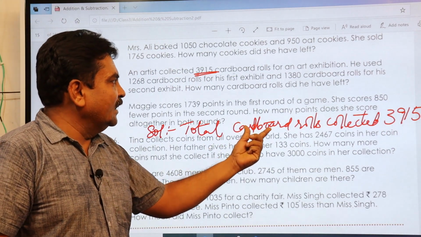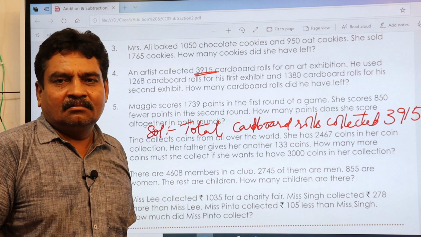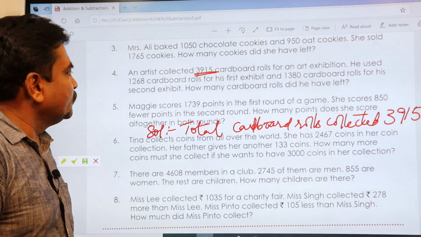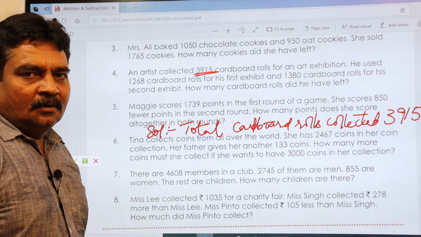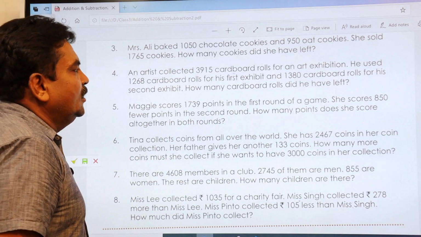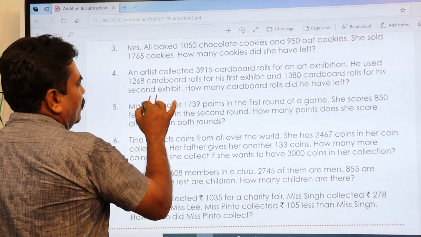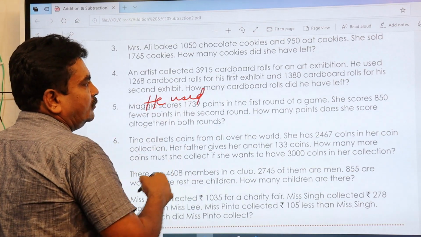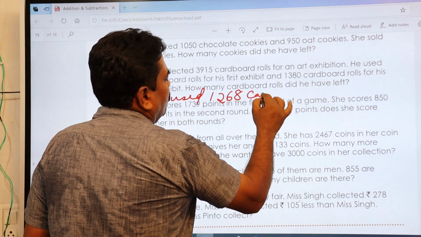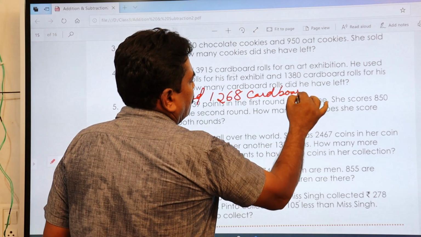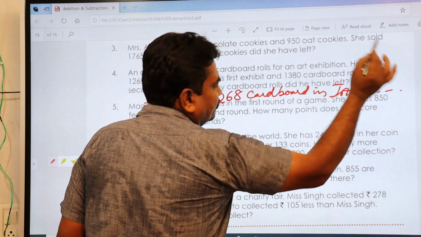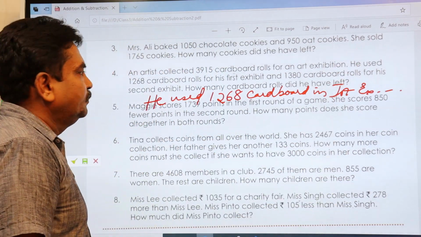If you don't understand the spelling, see the spelling in the question, then you can easily write it down. Second line is: he used 1,268 cardboards in first exhibition. Write down the complete spelling.